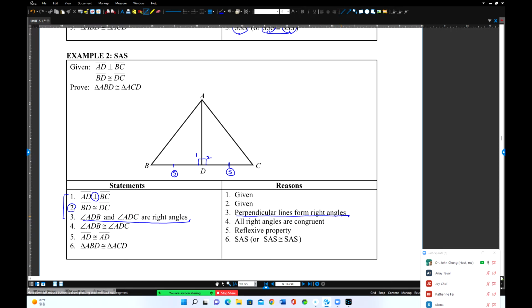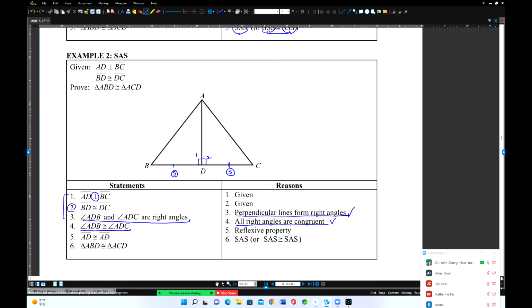After that, you can say they are congruent, because all right angles are congruent. Don't forget this one. All right, so we got the angle side.